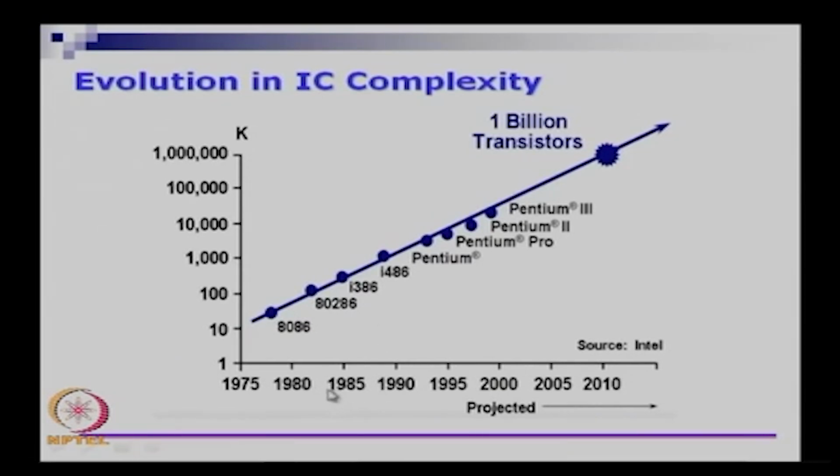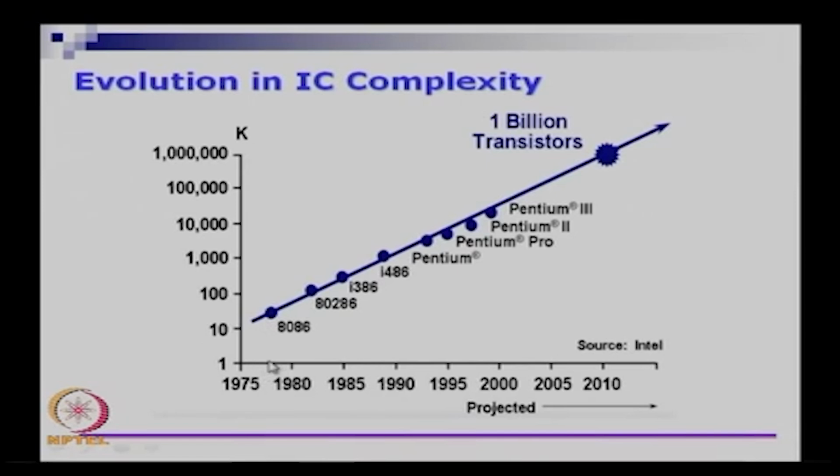So in this picture, on the x axis you see years, and on the y axis you see the number of transistors, and the basic unit used is K. So this point here is 100K or 100,000, this line would mean 10,000K or 10 million, this is 100 million, this is 1 billion and so on, right. So this is the kind of growth that the number of transistors inside a computer went through.